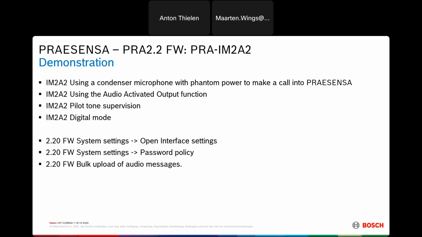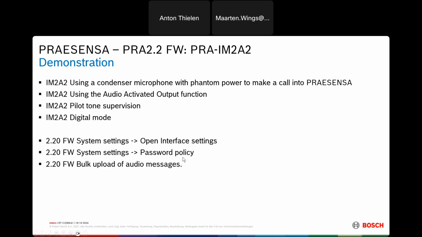Furthermore, I will show you the open interface settings, which I mentioned at the beginning, to protect against the possibility of third-party clients activating emergencies. You can now set and configure this, and also the password policies and bulk upload.